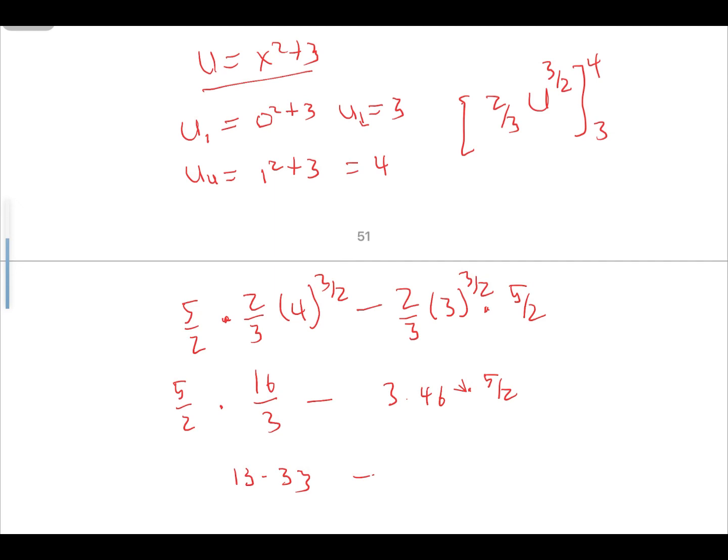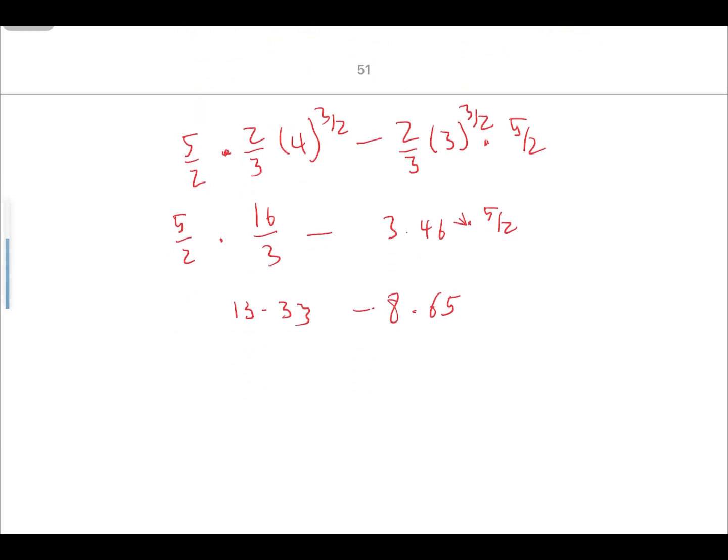We are going to get something like 8.65. So subtracting these two, which is 13.33 minus this 8.65, we are going to get 4.68, which is what? 4.68. Now this is what we have.